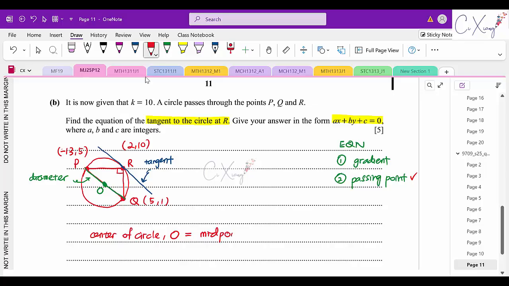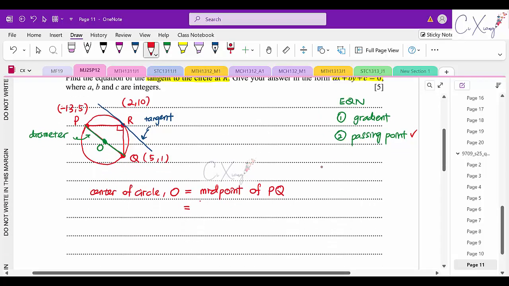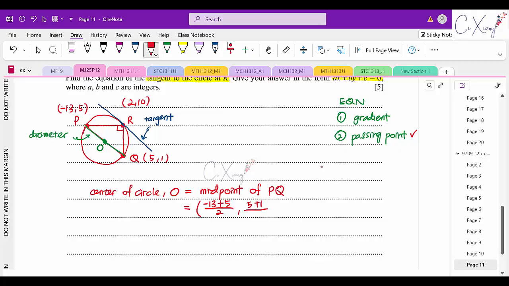How do we find the midpoint of PQ? Recall, you take x plus x, so negative 13 plus 5, from point P and point Q, divided by 2. For y it is the same, y plus 1 divided by 2. Then you get negative 4 and 3. The center of the circle is (-4, 3).